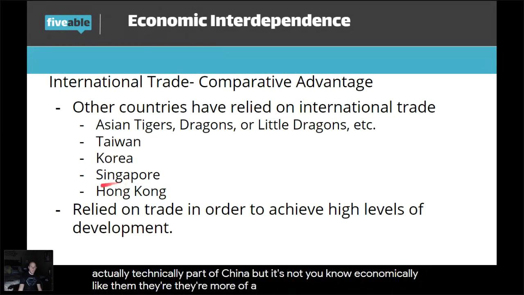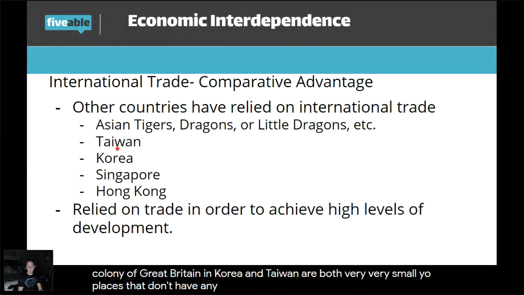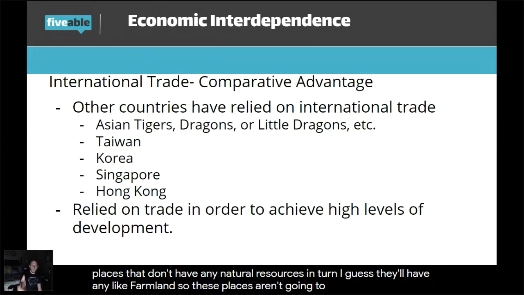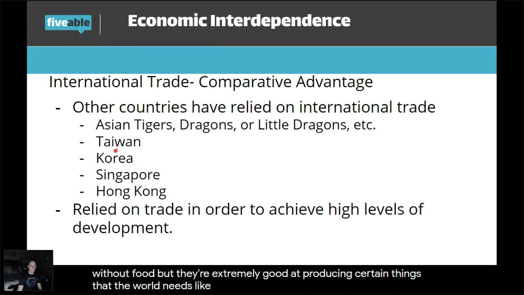They're more of a free trade place. It used to be a colony of Great Britain. And Korea and Taiwan are both very small places that don't have any natural resources, or farmland. So these places aren't going to be producing huge amounts of food, but they're extremely good at producing certain things that the world needs, like different types of technology components.